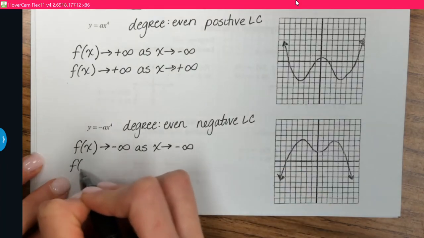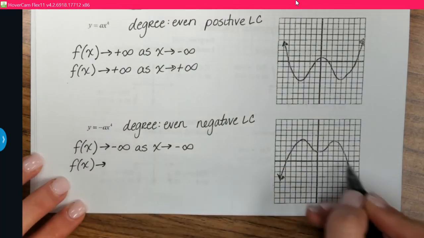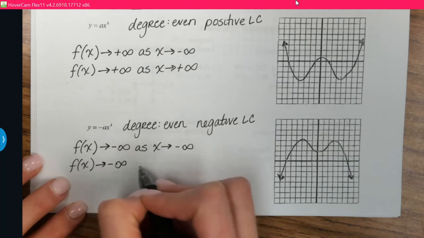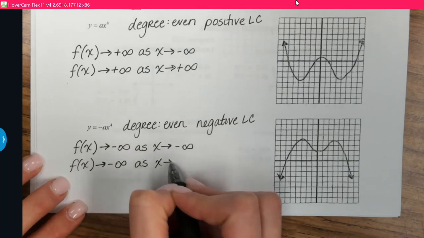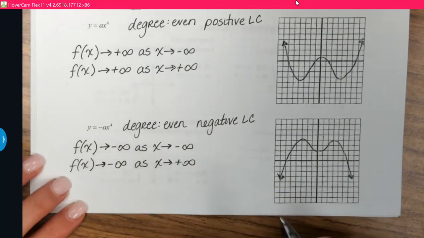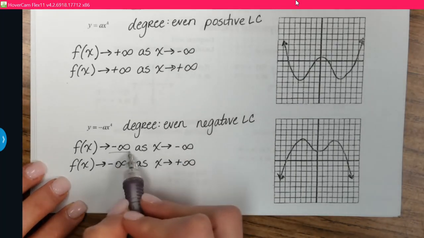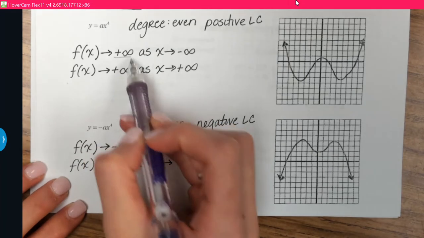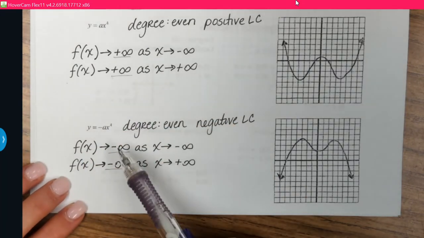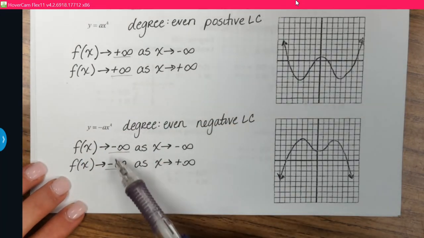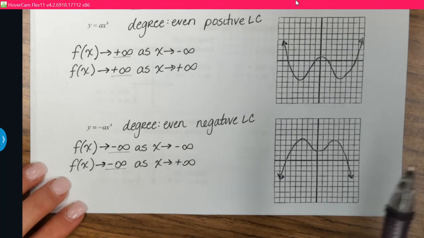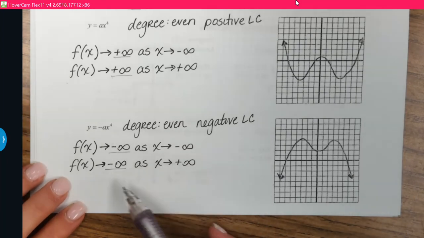And then my function on the right is also going down, so it approaches negative infinity as x approaches positive infinity. So again, like I just said, the only thing that's changing problem to problem is that first little sign of am I doing positive infinity or negative infinity. Everything else is the same.